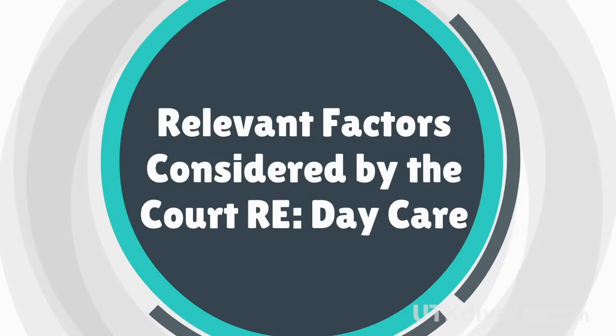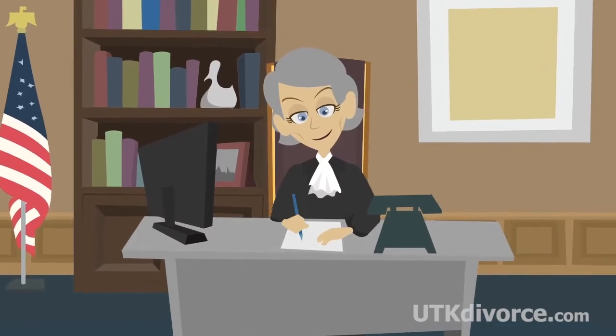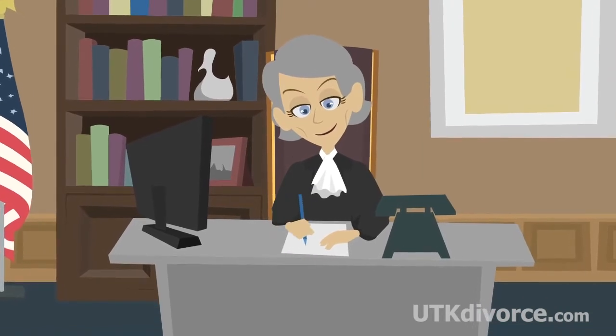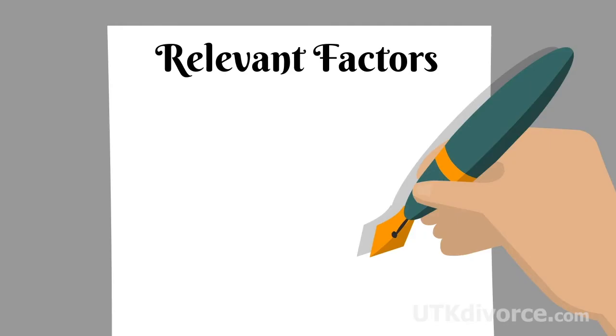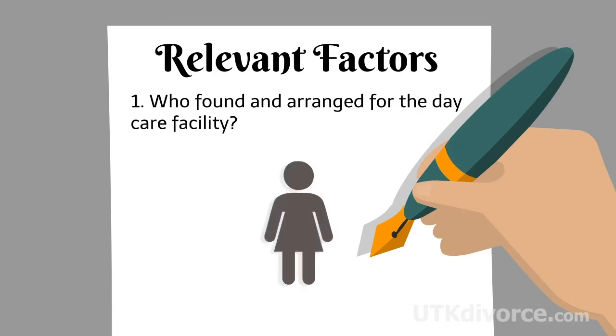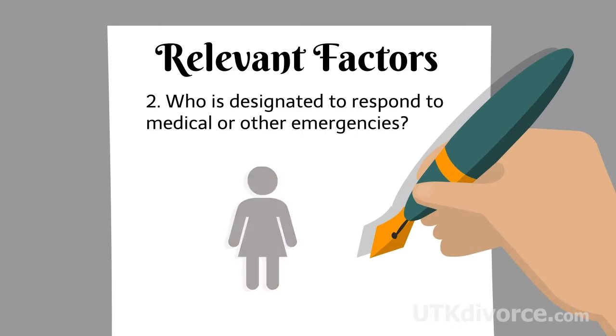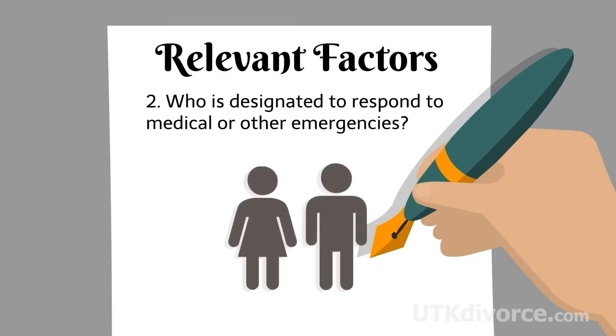Relevant factors considered by the court regarding daycare. Relevant factors considered by the court in allocation of daycare time are as follows. 1. Who found and arranged for the daycare facility? 2. Who is designated to respond to medical or other emergencies, i.e., who is on the emergency notification roster? 3.